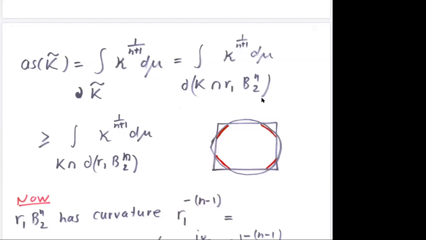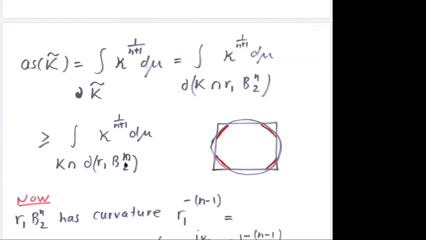Now, instead of integrating over this whole boundary, we only pick those parts of the boundary of K twiddle that correspond to these parts of the ball with radius R1 that are in K. So we only perform integration over that.